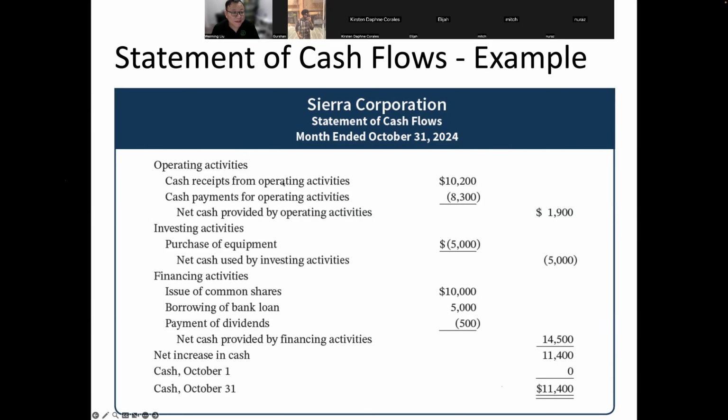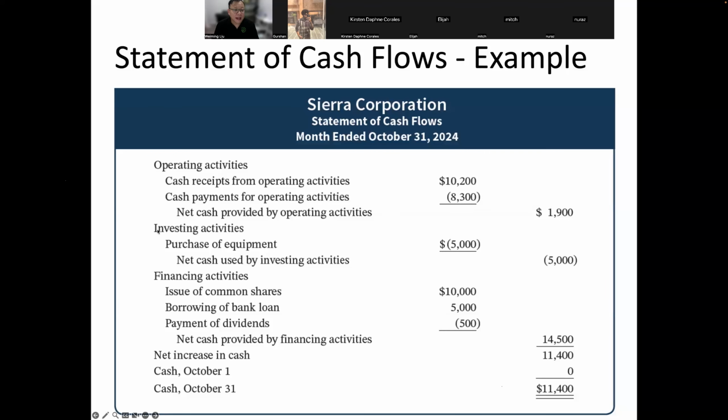Well, they are selling stuff, right? They're performing some service. They receive the revenue, so that's the cash, and they pay the money. That's how much they paid. So the net cash provided by operating activity is 1,900.